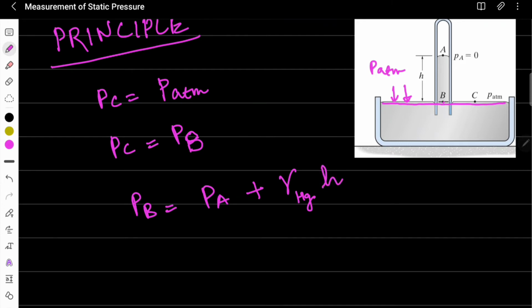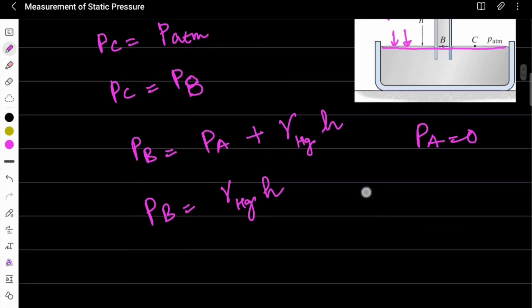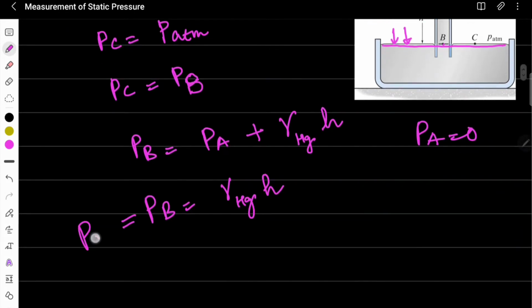Now we know that almost a vacuum is here at location A, so Pa is 0. Now we can write that Pb is equal to gamma Hg multiplied by H. Now we know that this Pb can be written as P atm, because Pc is equal to Pb.